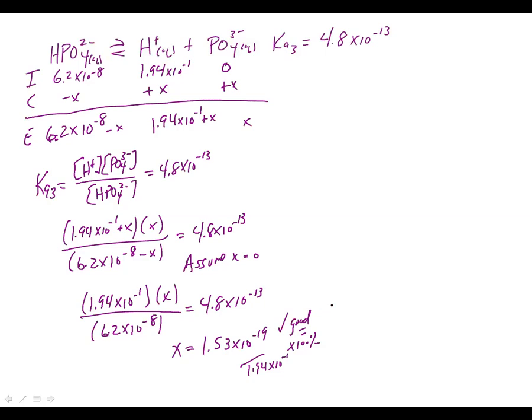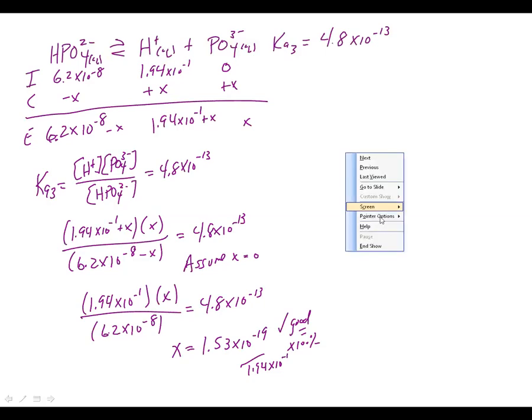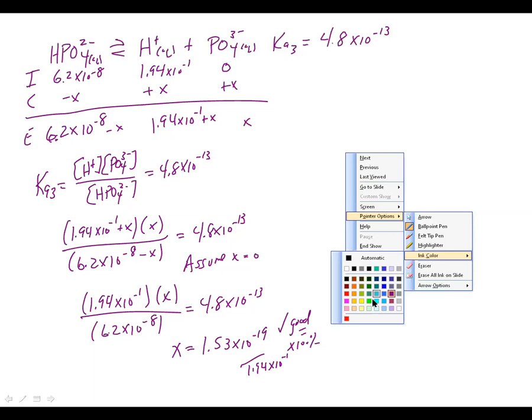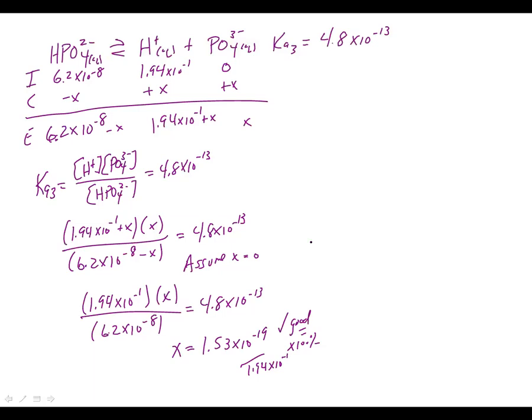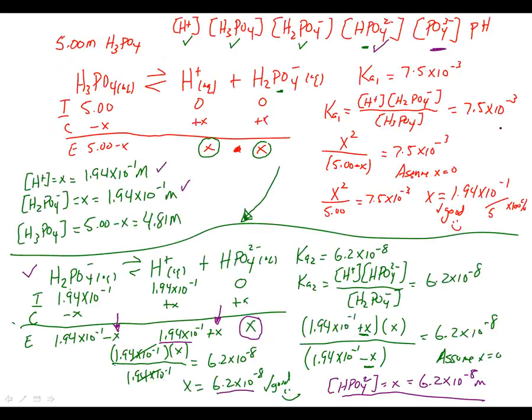So again, if we go back up to our equilibrium line and we plug that number in, we see that the concentration of PO4 3 minus equals x in this case, which is equal to 1.53 times 10 to the minus 19 molar, which again, kind of checking back, is one of the last things that we're looking to find here, our PO4 3 minus.